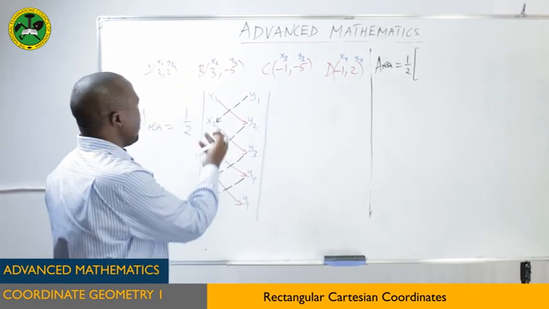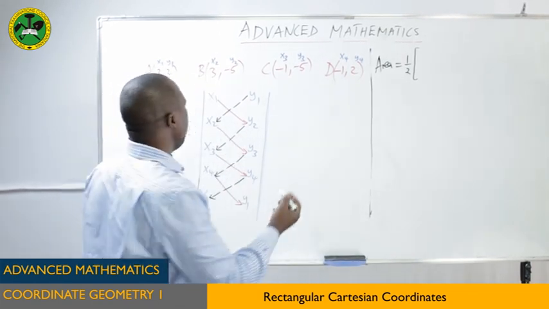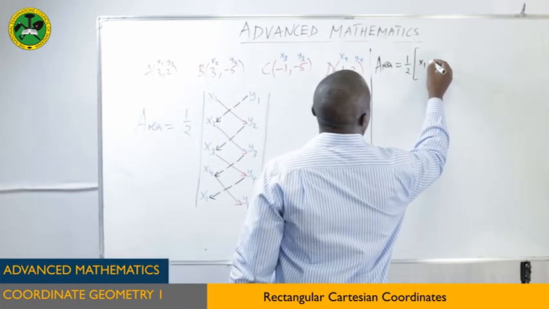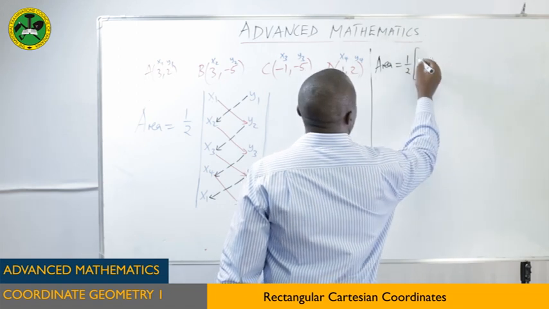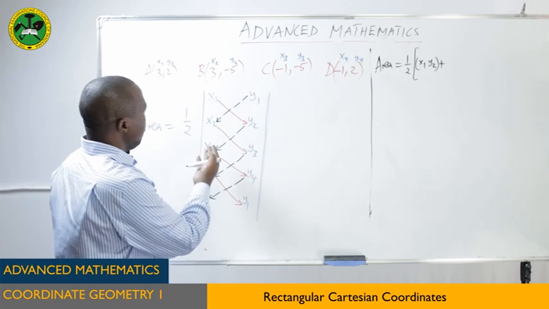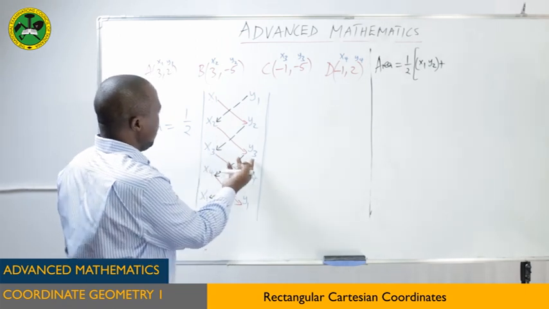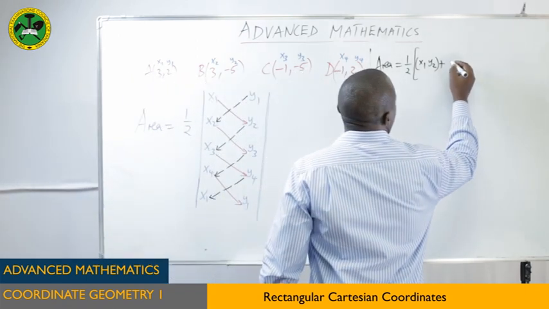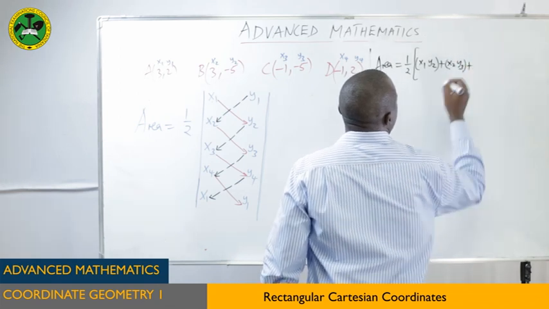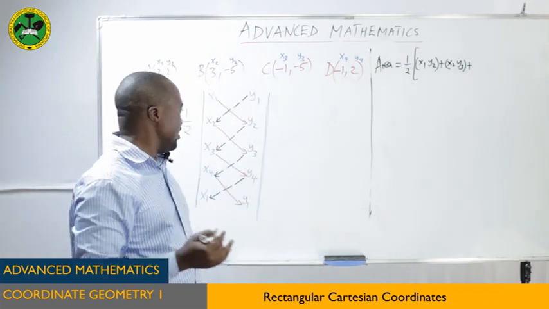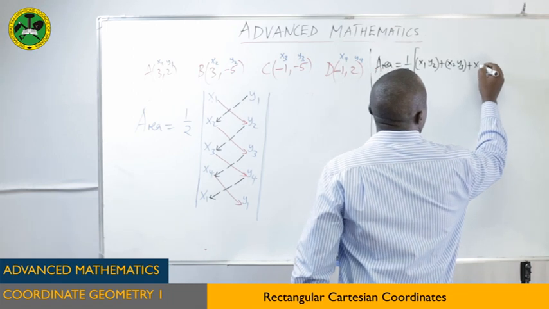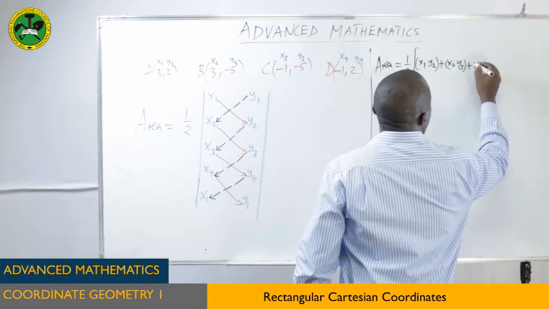So starting with the x1 and the y2, that is x1, y2, plus we have x2 and the y3, so x2, y3, plus the next is x3, y4.